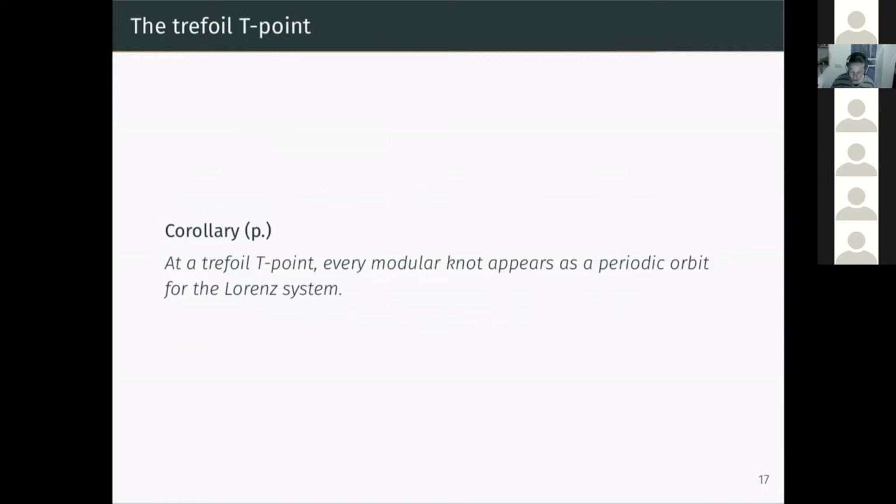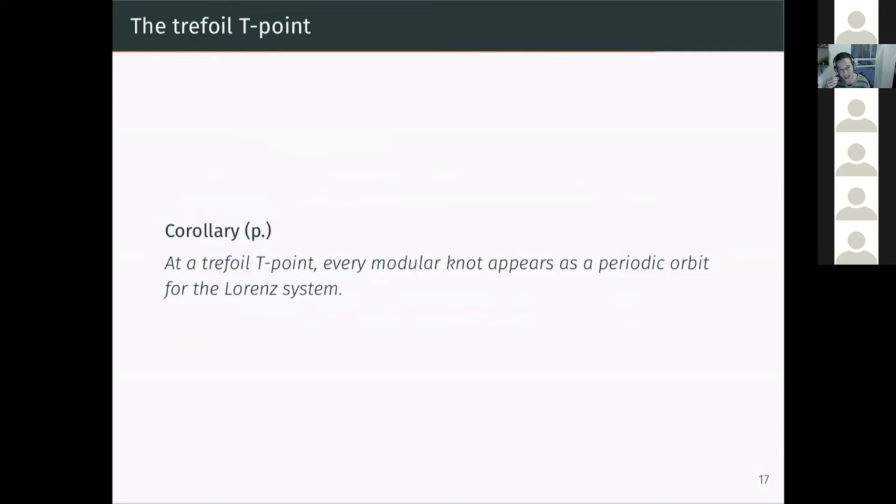As a corollary, when the trefoil exists, every modular knot appears. This is also related to your question, Dima.